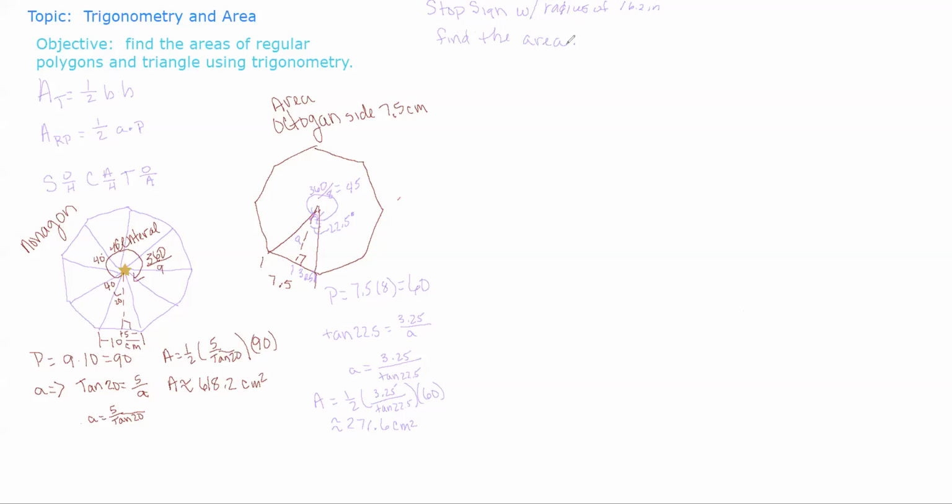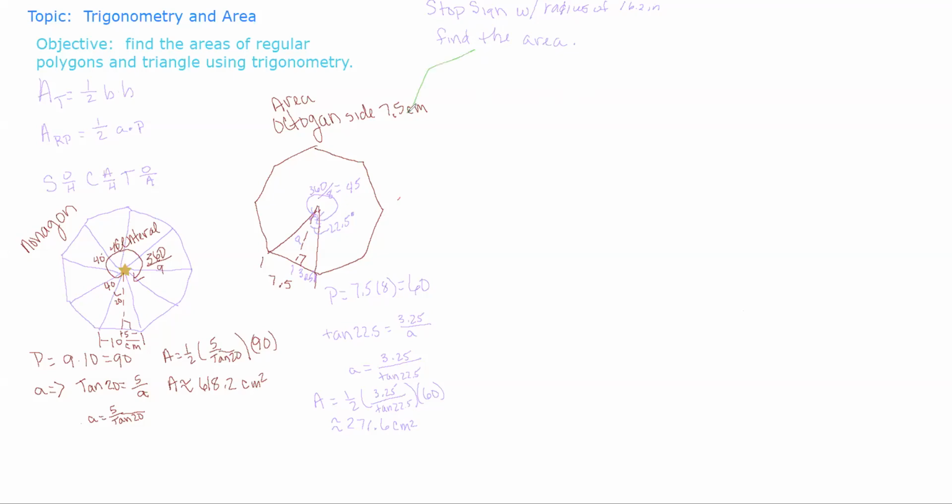Okay, so first of all, let's draw our stop sign. Again, that's an octagon. Again, a fast sketch, doesn't have to be beautiful.